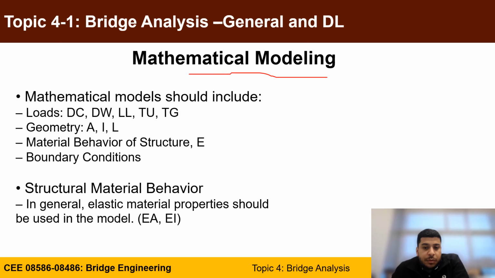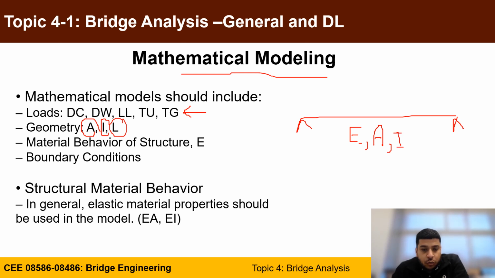In order to do the mathematical models, you have to get the loads, which we described. We have to get for all the girders and the superstructure system the area, the inertia, and the length. So at the end of the day, your girder has to be modeled with modulus of elasticity based on the material, the area, the inertia, and for sure the length will control your shear and moment.